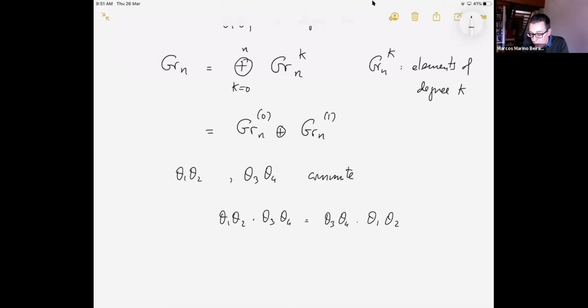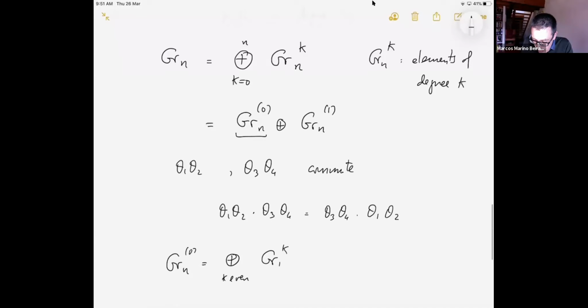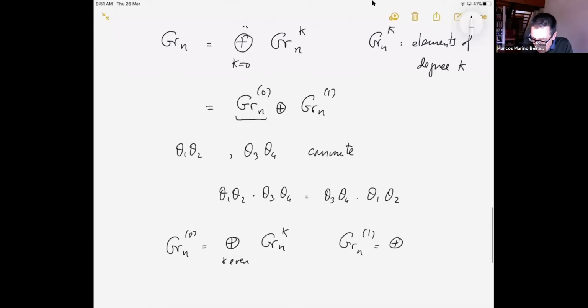So things which have even degree in the Grassmann algebra behave like commuting variables, but things which have odd degree behave like anti-commuting variables. So GR_n^0 is the direct sum over k even of the elements of that degree, and GR_n^1 are the things which have odd degree.